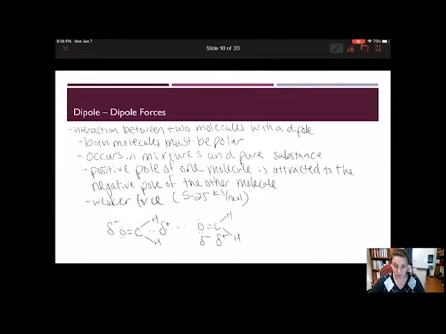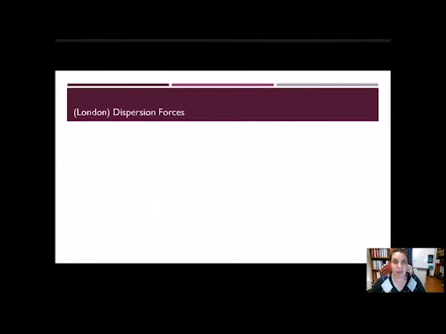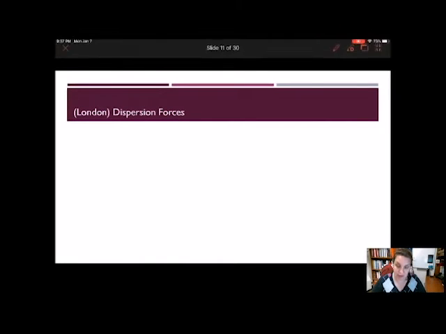And that interaction between them is a dipole-dipole interaction. Next is our London dispersion forces. So London dispersion forces, we've got 3 different types, but with each one of them, we have an induced dipole. So an induced dipole occurs in nonpolar molecules.